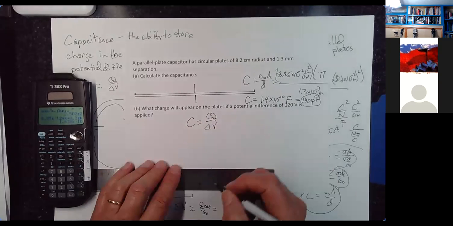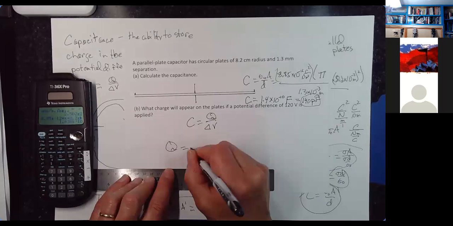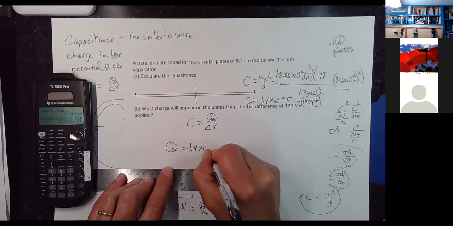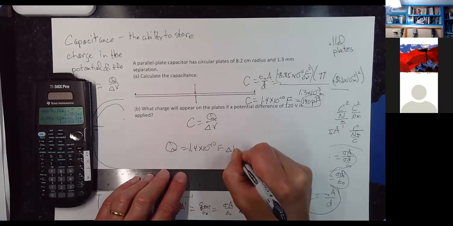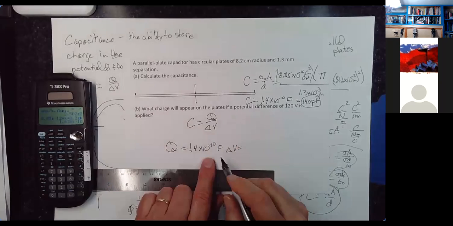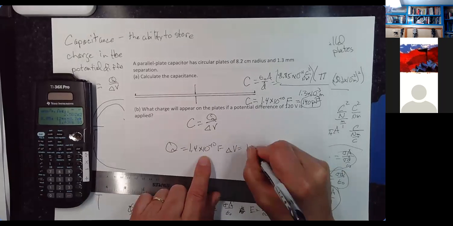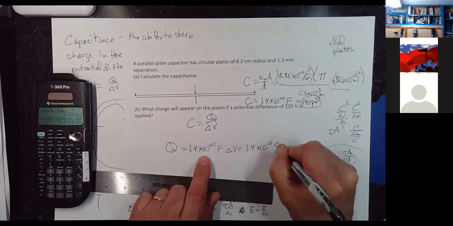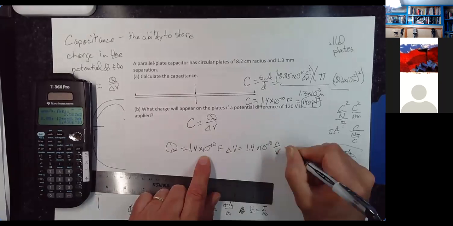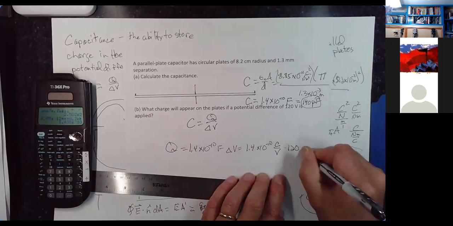And so Q will equal our 1.4 times 10 to the minus 10th farads times our delta V. But remember, a farad is a coulomb per volt. And so 1.4 times 10 to the minus 10th coulombs per volt, and that's just units now, times a potential difference of 120 volts.